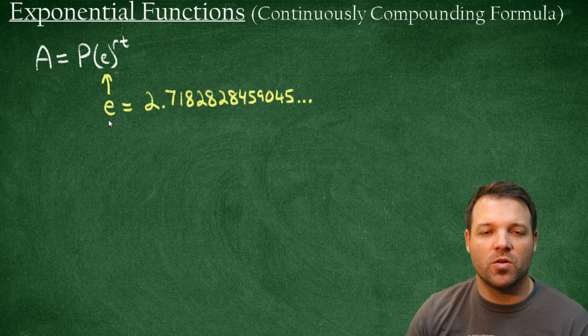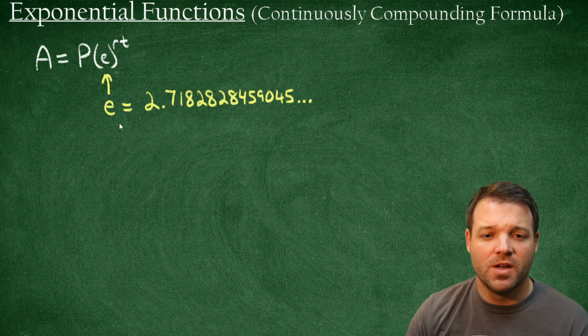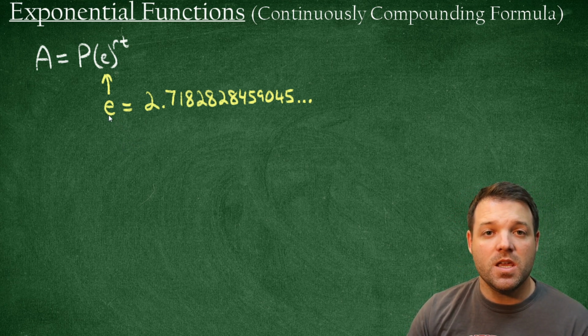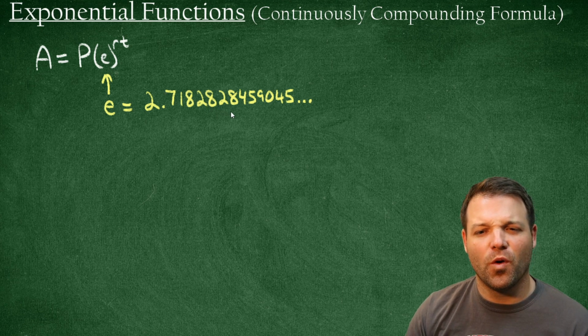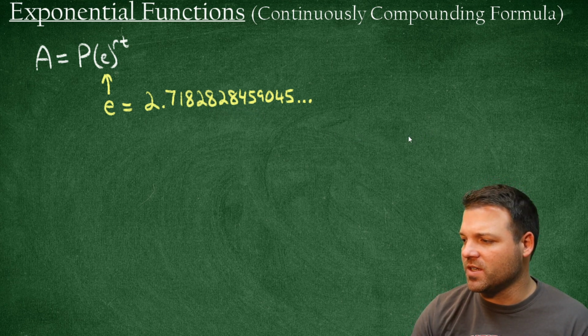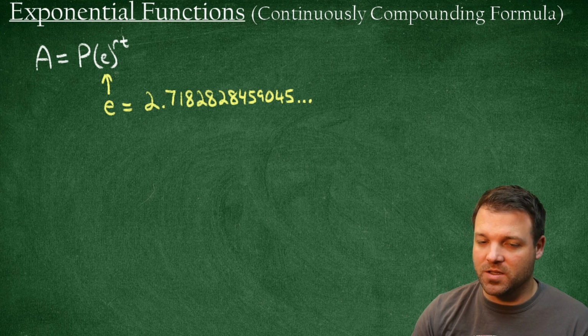In this case, though, pi is 3.14159 going on forever, in no particular pattern. E is 2.718, and actually I think I have a typo in here. I think it's 2.71828, and so on and so forth, going on forever. This is a really important number, just like pi is an important number.